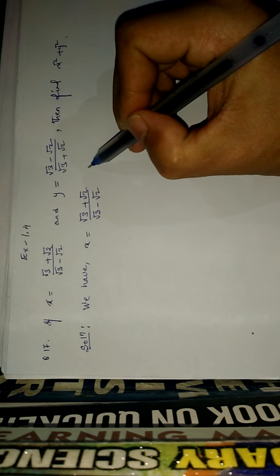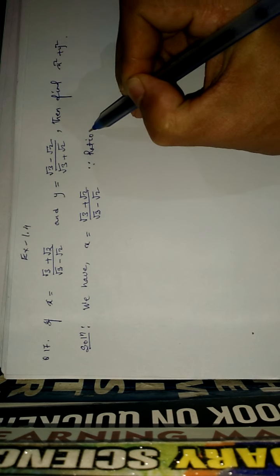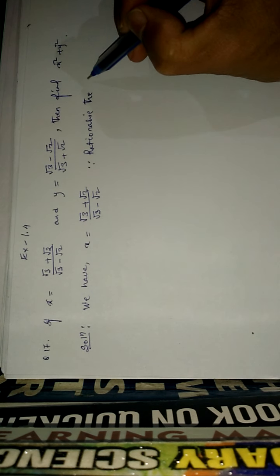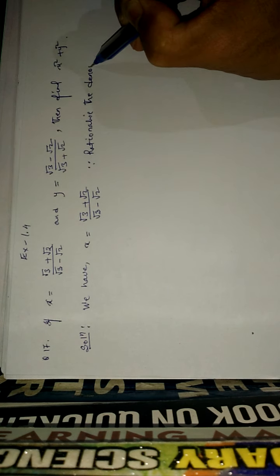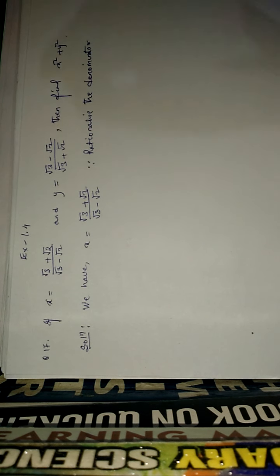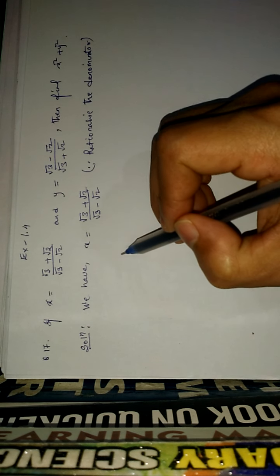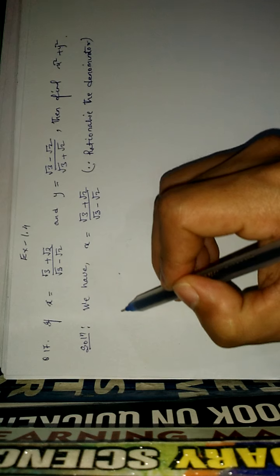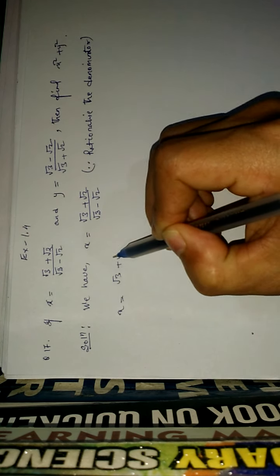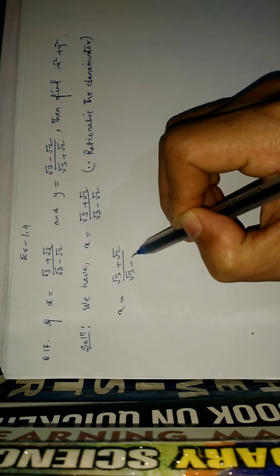I will write here, rationalize the denominator. Then let's rewrite here, x is equal to root 3 plus root 2 divided by root 3 minus root 2.